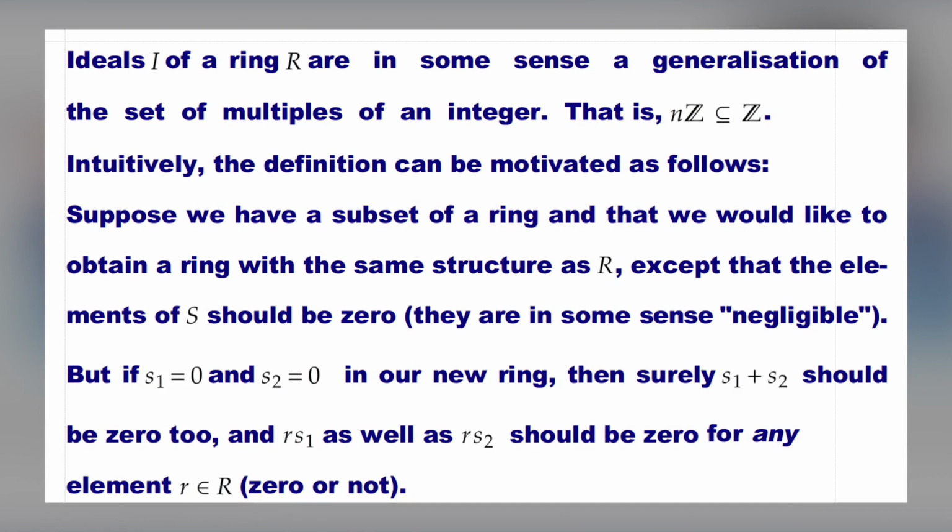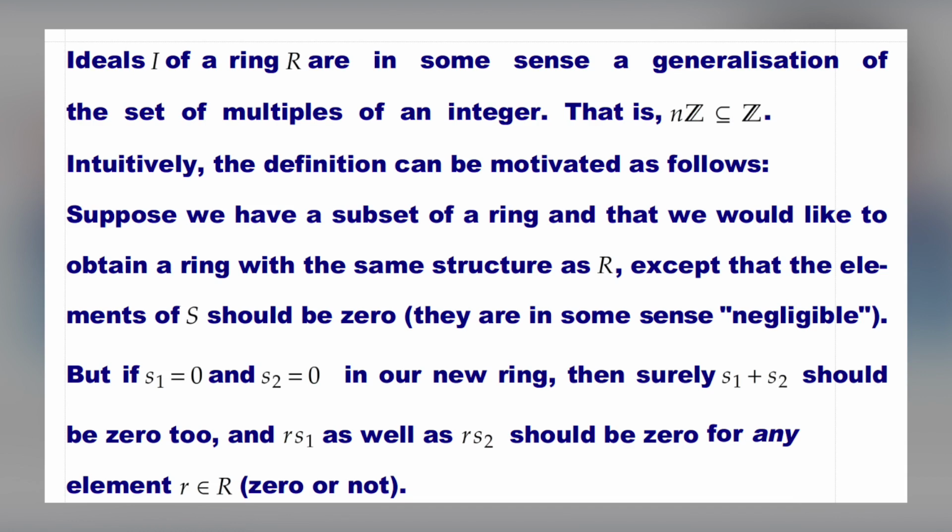Ideals I of a ring R are in some sense a generalization of the set of multiples of an integer. That is, nZ is a subset of Z. Intuitively, the definition can be motivated as follows. Suppose we have a subset S of a ring R and that we would like to obtain a ring with the same structure as R, except that the elements of S should be 0.